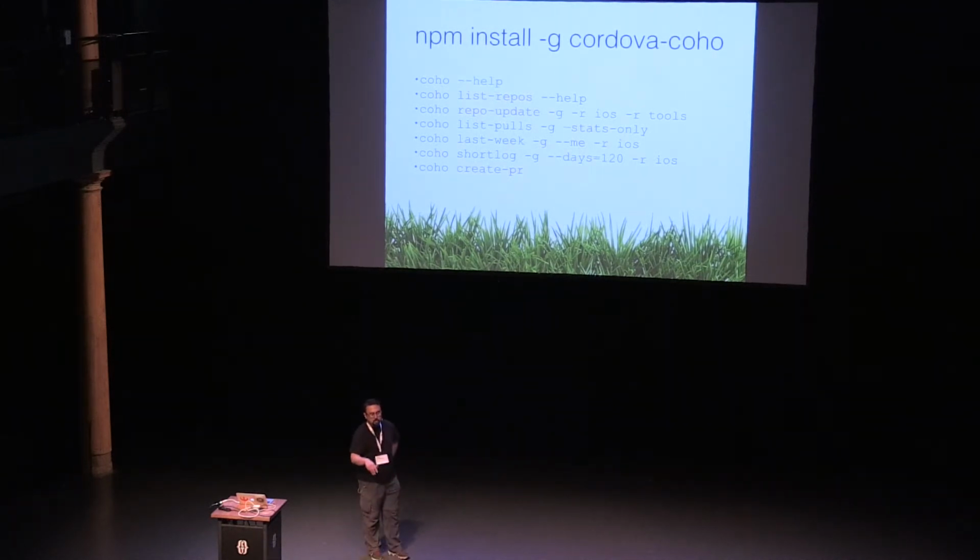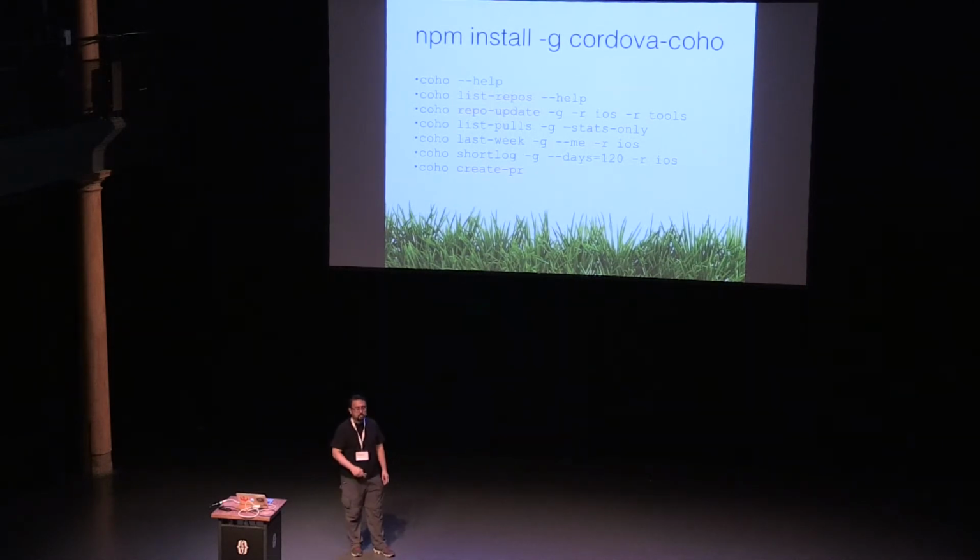The other three below repo update are some interesting commands that you can run. You can run list polls, which will list all the pull requests from our GitHub repos. You can list all the contents or just stats about it, so you can see what's going on.